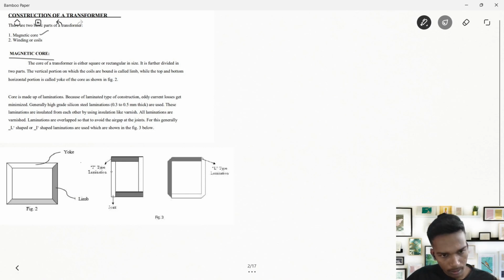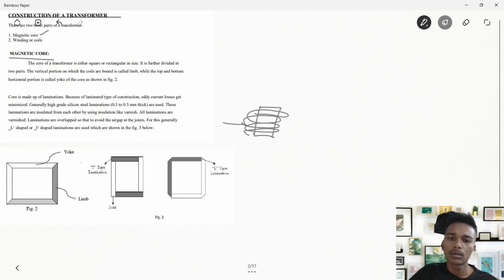We have a square or rectangular pole where we wind the coil. We supply voltage to this coil, through which we get some magnetic flux, and this pole behaves like a magnet, right?